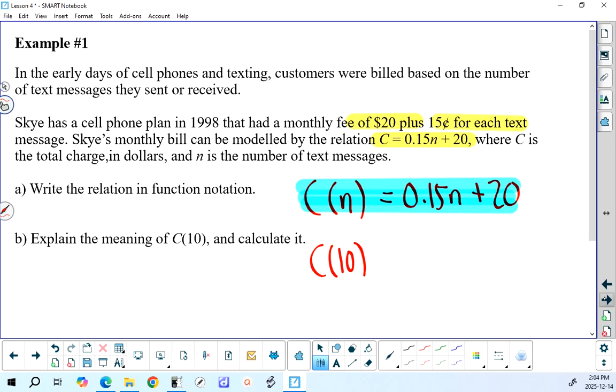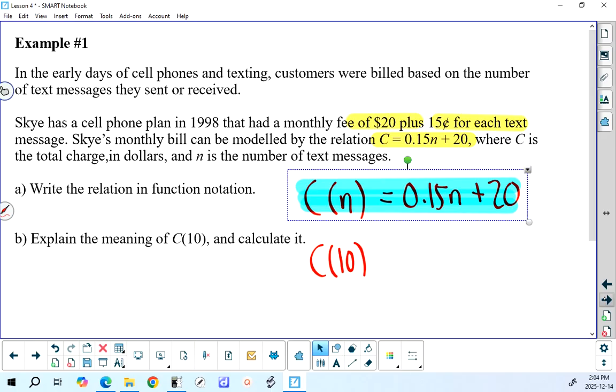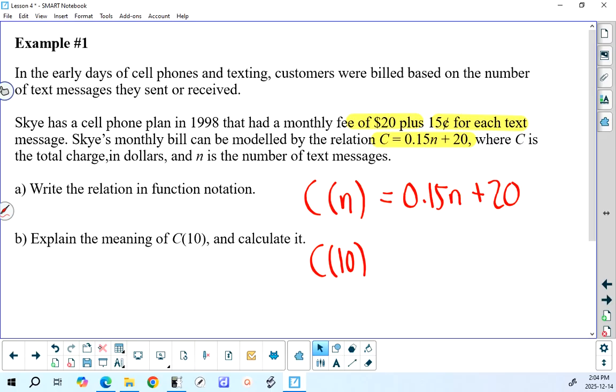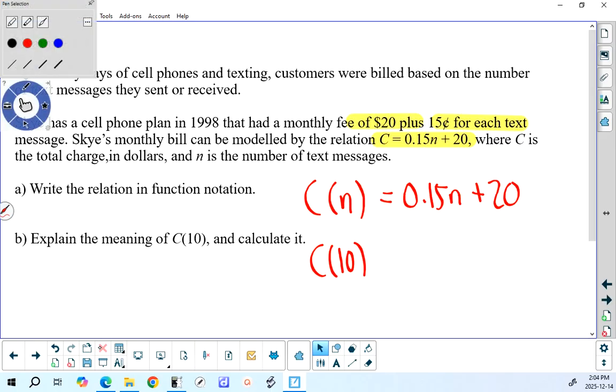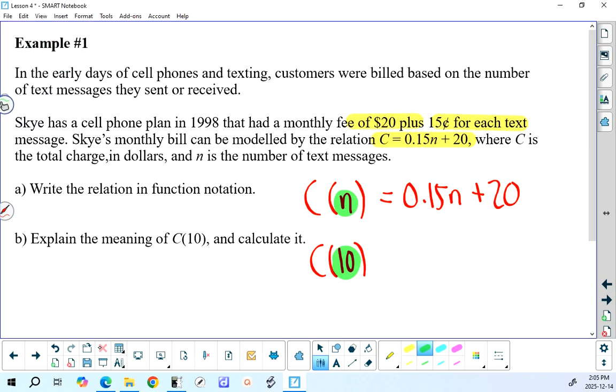But I want you to notice something, everybody. I'm going to get rid of my blue highlighting here. I want you to notice that what I have done is I've changed this n to the number 10. And I've purposefully written C of 10 directly below C of n for that reason.